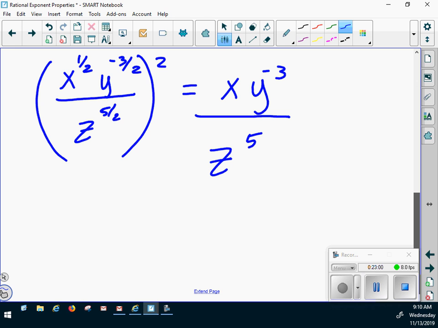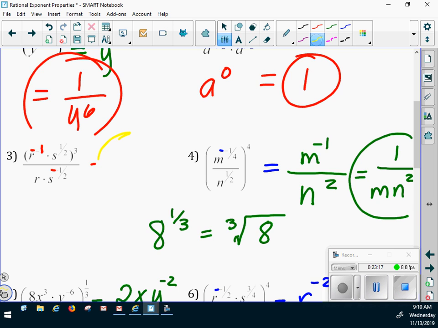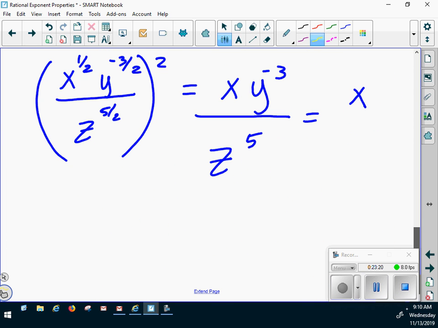Are we finished? So what's it going to look like? What else is in the numerator besides x? All right, let's have a look.